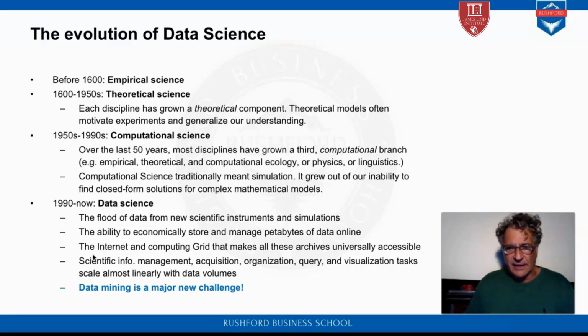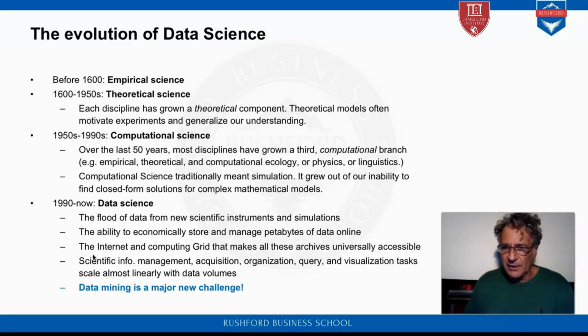What completely changed the way science is faced, especially in terms of data science, started roughly around 1990. There was an increasing flow of new scientific instruments and simulation, especially from computers and digital devices, and the ability to economically store and manage petabytes of data online, which was absolutely not available 3, 4, 5 decades ago.